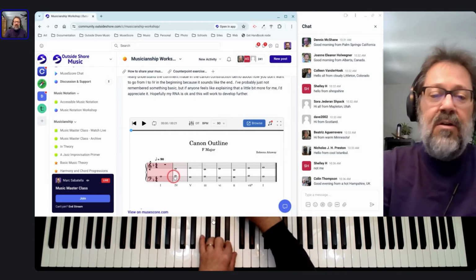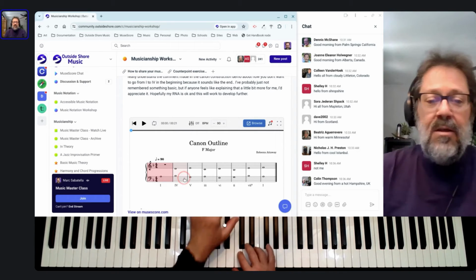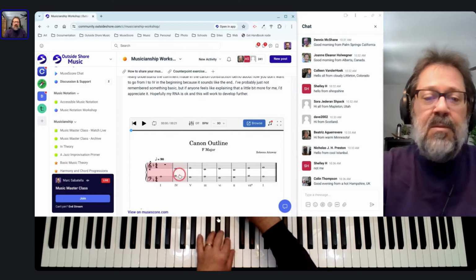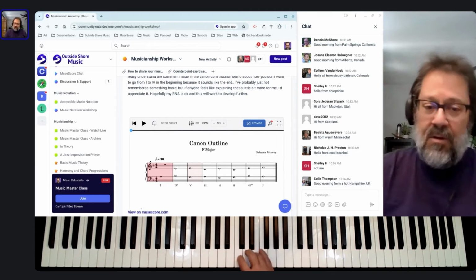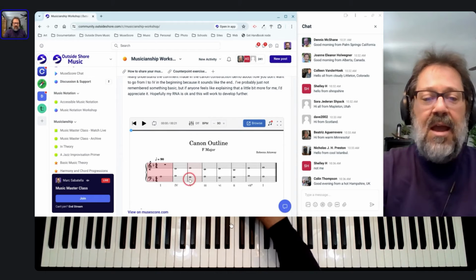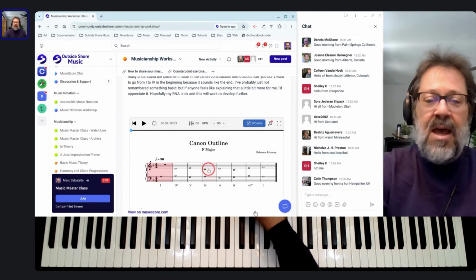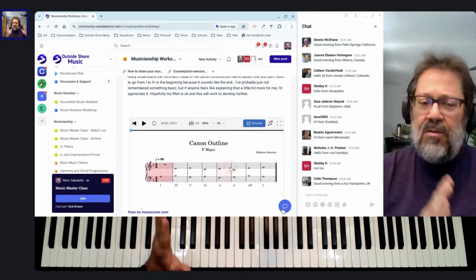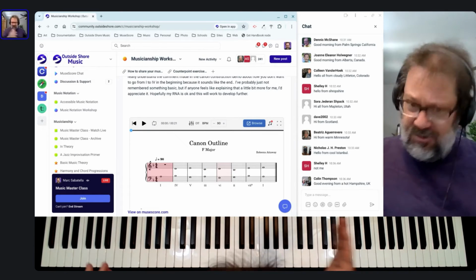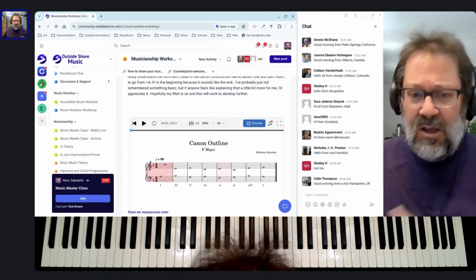And then her leader from there went down a third from the B flat to the G, and then her follower goes down a third from the E to the C. And then the leader goes up a step from G to A, and her follower goes up a step from the C to D. So the leader states something, and then the follower imitates it a measure later.